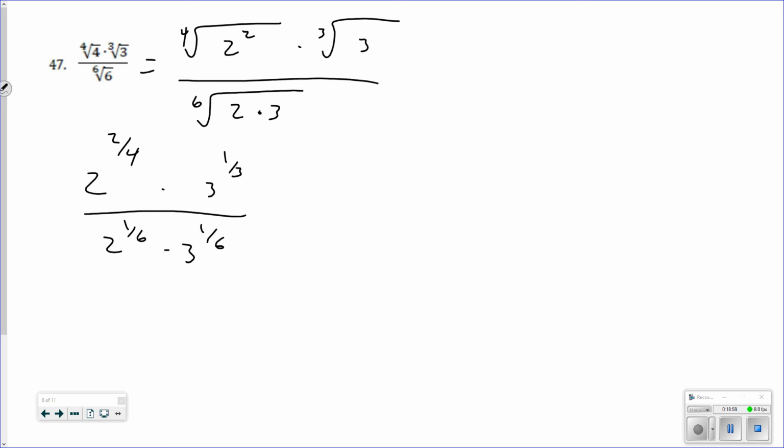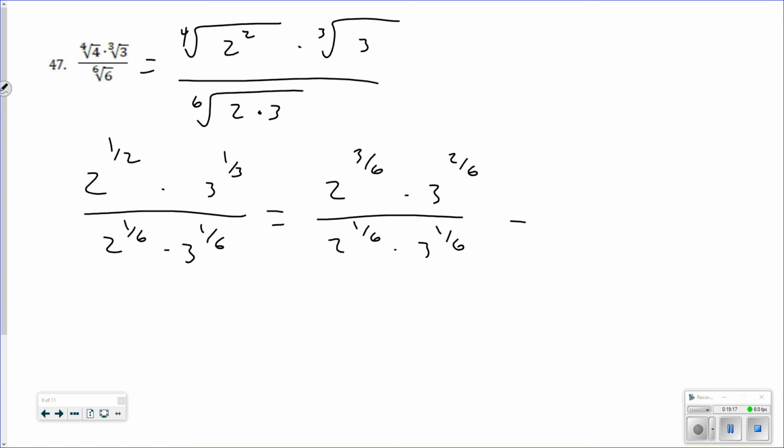Right, this is what you get. And then you start combining the similar bases. So 2 to the 2/4, that's just 1/2. So you can rewrite this as 2 to the 3/6 times 3 to the 2/6 all over 2 to the 1/6 times 3 to the 1/6.